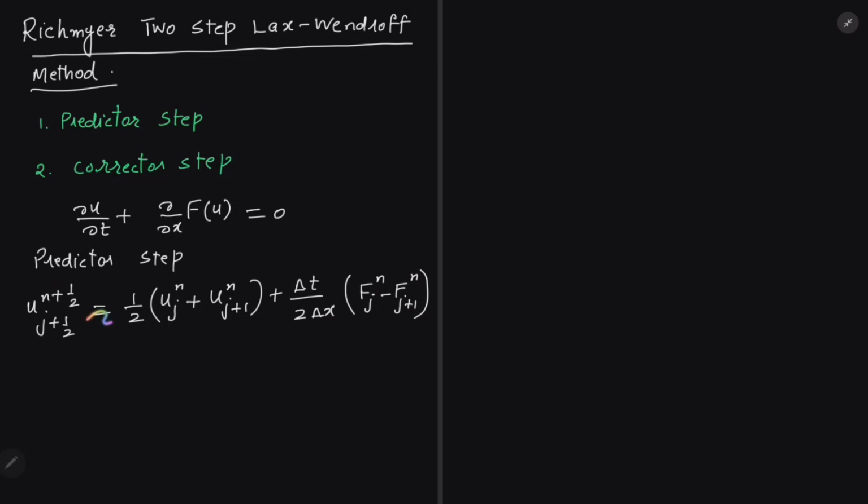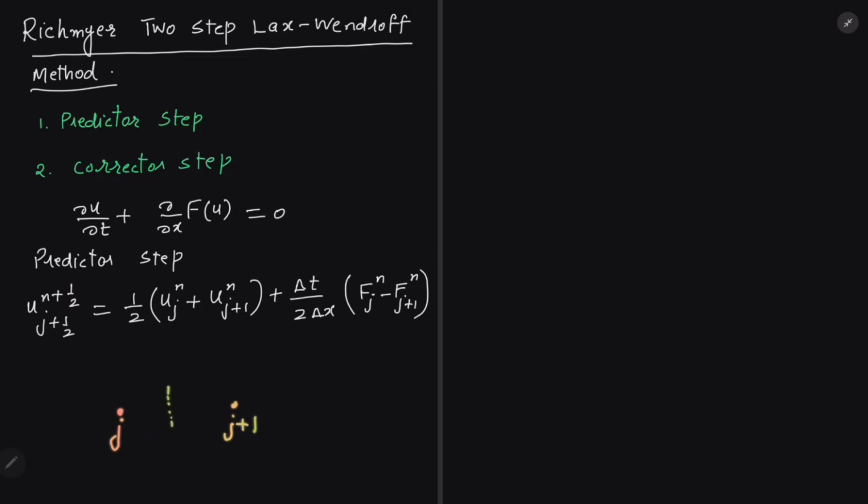You can see that the right hand side is obtained at j plus 1/2 and n plus 1/2. Suppose we have j and this is j plus 1.